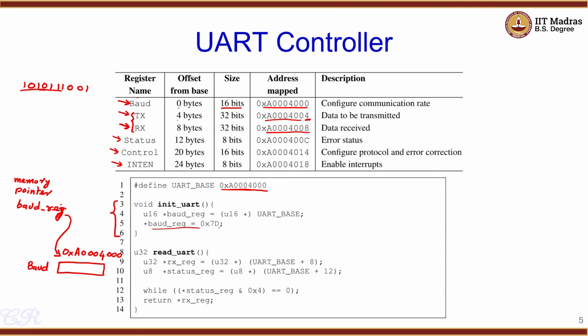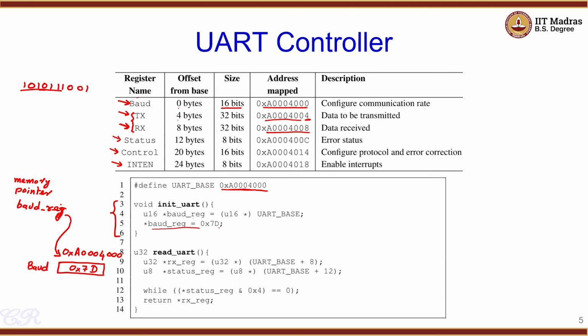So if I do something like *baud_reg = 0x70, essentially it would mean that you're storing the value of 0x70 into the baud register, right?